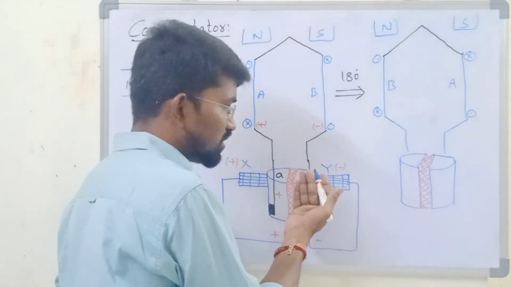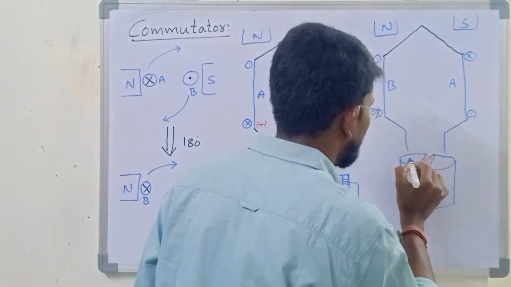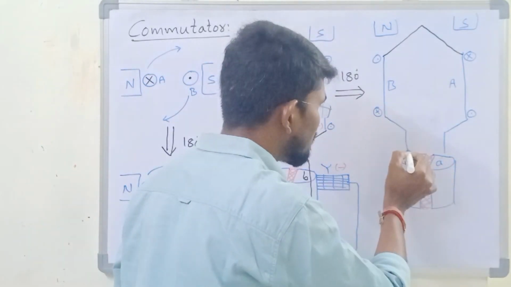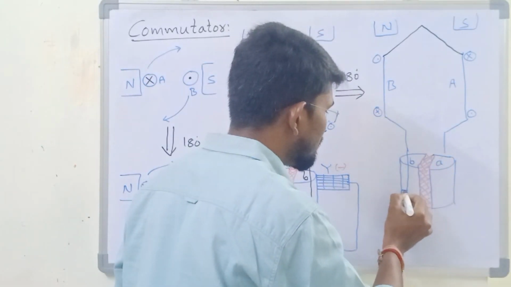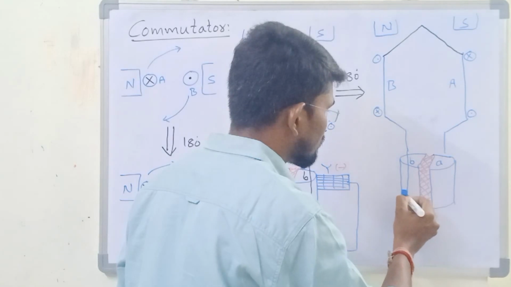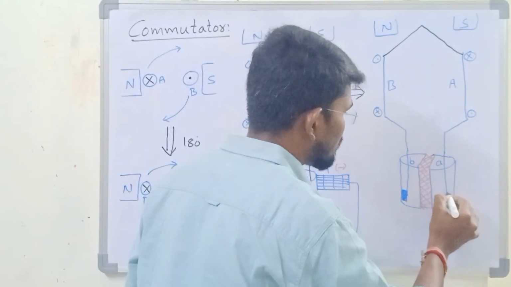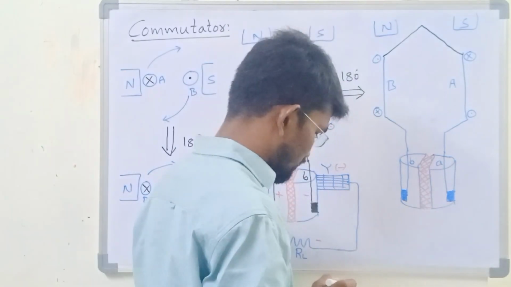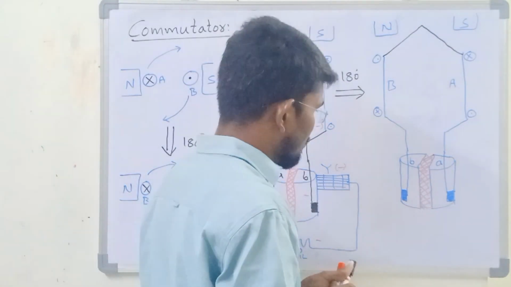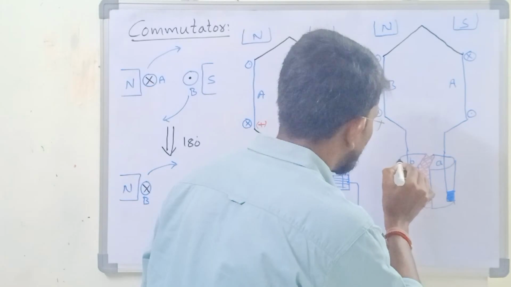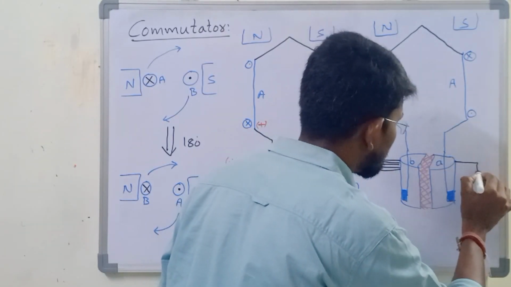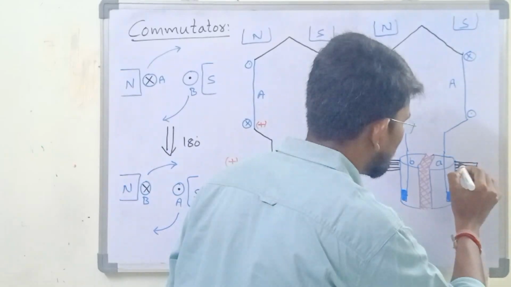Yes or no? Yes. Now this will be segment B and this will be segment A. Now this conductor B is permanently connected to segment B, and this conductor A is permanently connected to segment A. And these segments are connected to brushes. And are these brushes moving in the same position?